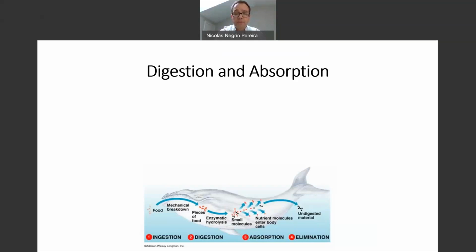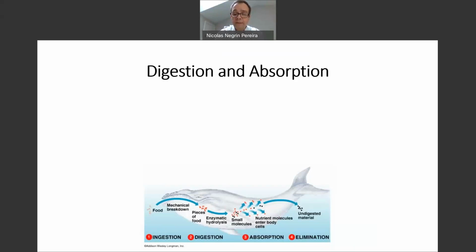The pieces of food will go through an enzymatic process, but also a chemical process, because we consider hydrochloric acid part of the chemical breaking down of cells, but also, of course, it plays a really important role in forming a special acid pH environment for the activation of some of the enzymes we're going to see in detail in the next slides.